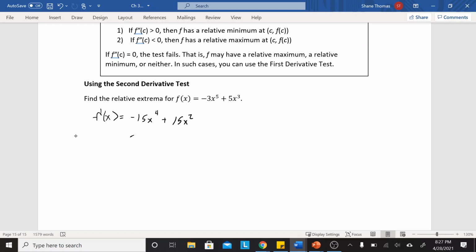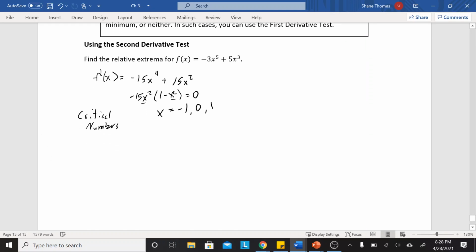So I'm going to have negative 15x squared I can pull out, leave me with 1 minus x squared. I just rewrote the order on that one. If I set that equal to 0, I find that x equals negative 1, 0, and 1 for this case. Plus and minus 1 from this guy, and 0 from here. All right, so those are going to be our critical numbers, just like we talked about before.